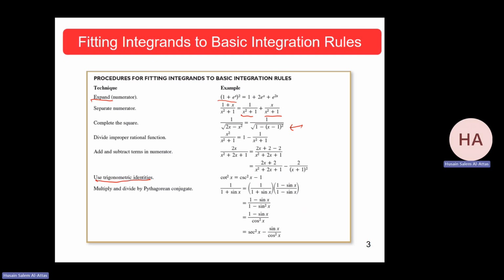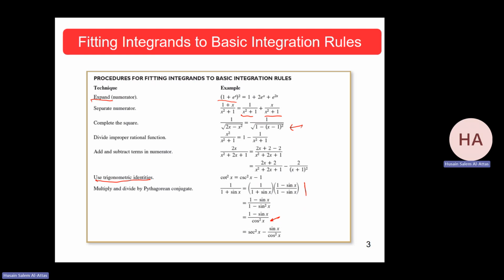Sometimes you need to multiply by a function, like 1 minus sine, to make it cosine squared, so that you can simplify it. So these are just some of the hints or techniques you may use to do the integration. I think we did most of these things in the previous chapters.